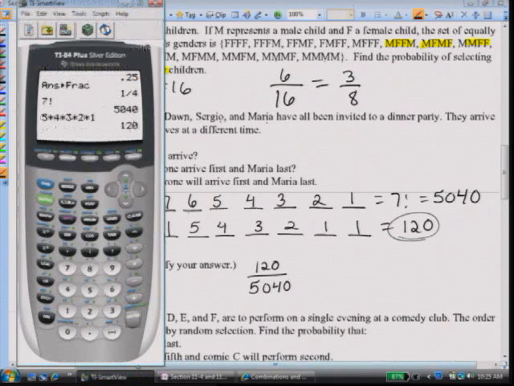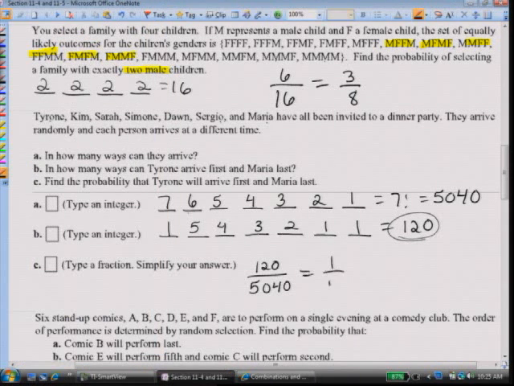And you can reduce that by hand, or you can do it with your calculator. If you do 120 divided by 5,040, and then you can do a math frac button. Math, choice 1. So it's 1 out of 42 is the chance that Tyrone will arrive first and Maria will arrive last.